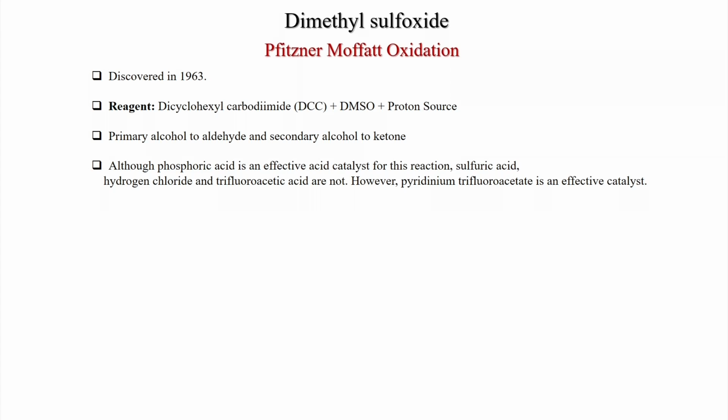Phosphoric acid is an effective acid catalyst for this reaction. Sulfuric acid, hydrogen chloride, trifluoroacetic acid are not. However, pyridinium trifluoroacetate is an effective catalyst. This is the standard condition: DCC, DMSO and H3PO4.